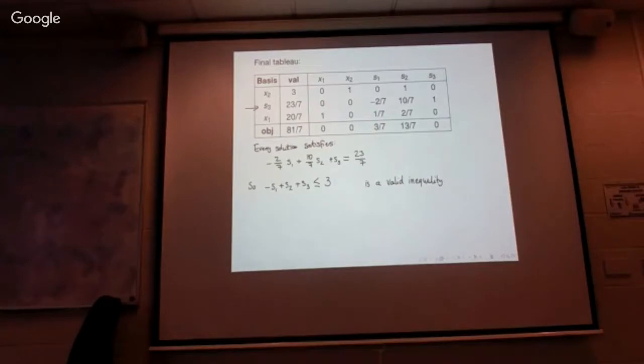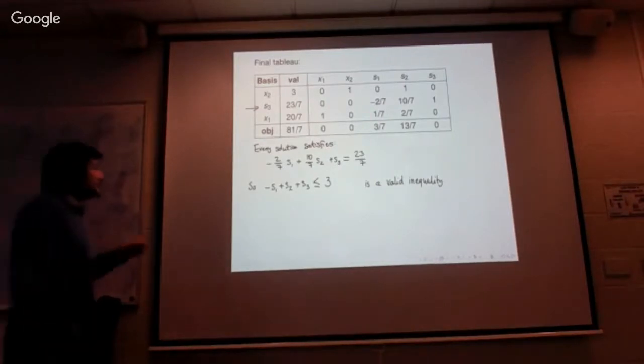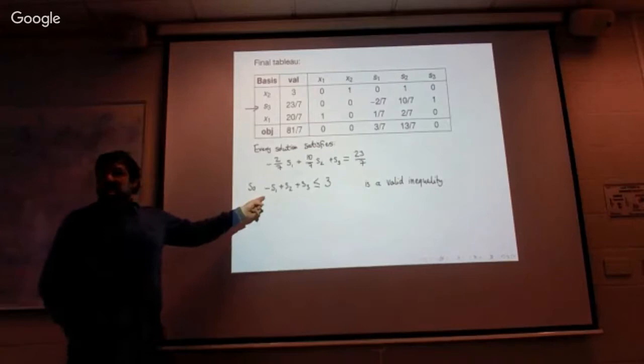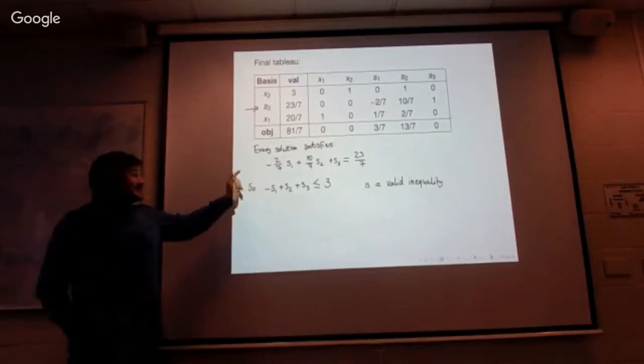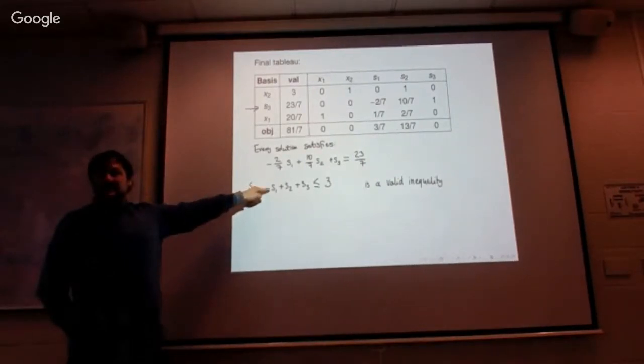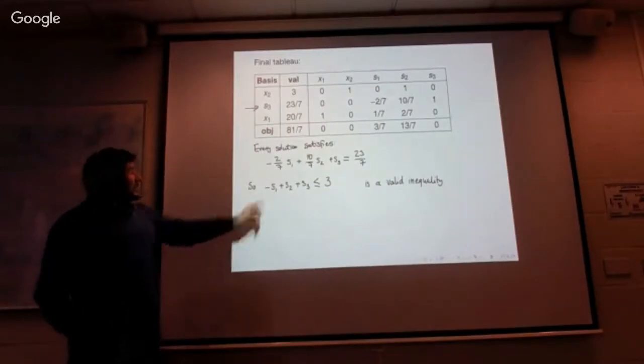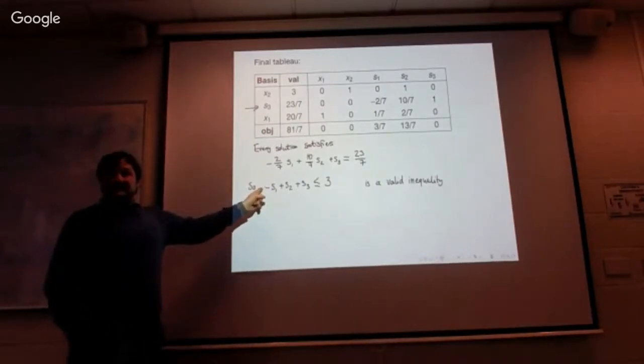Now, this is nice, but sometimes I would like to know what it means for the x's. How do I find out what it means for the x's?